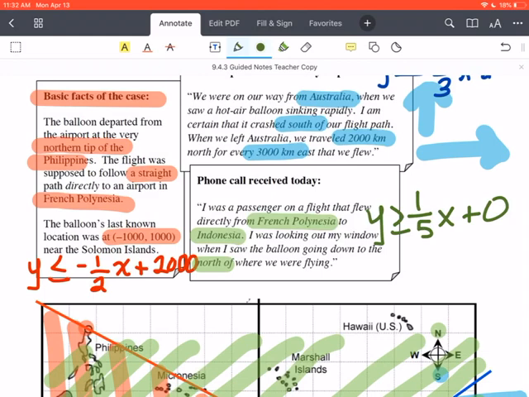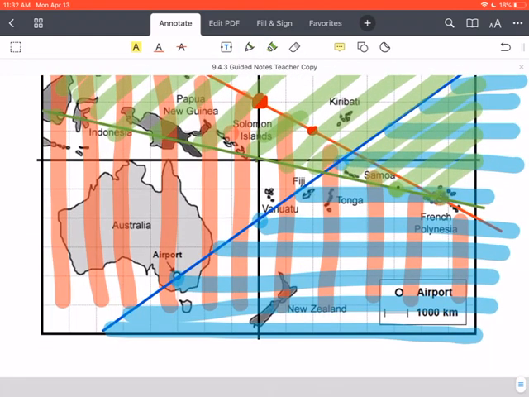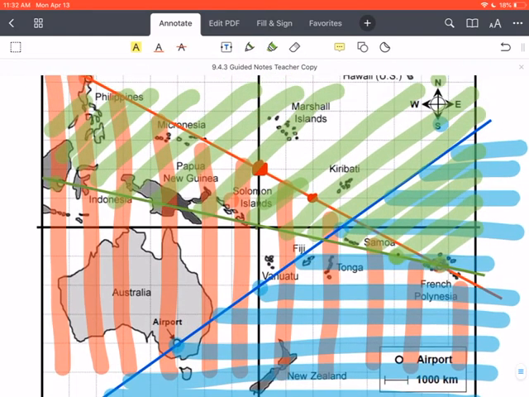Okay, so now the big question of this story problem is, where should we look for the missing hot air balloon? So we need to look where the red, the blue, and the green intersect. Okay, now we shaded below the red line, below the blue line, and above the green line. So sometimes when you get these intricate problems, you have to think back to the direction that you shaded.